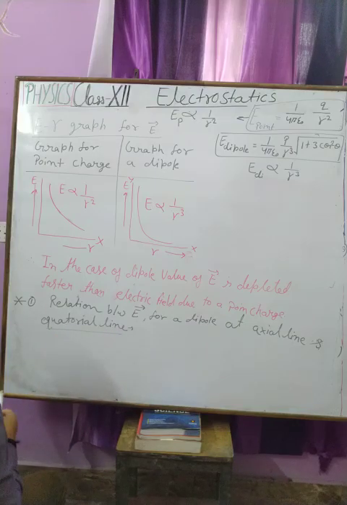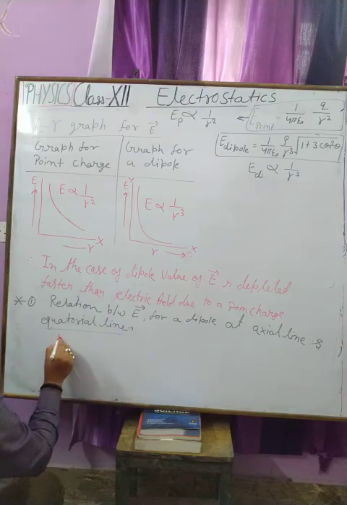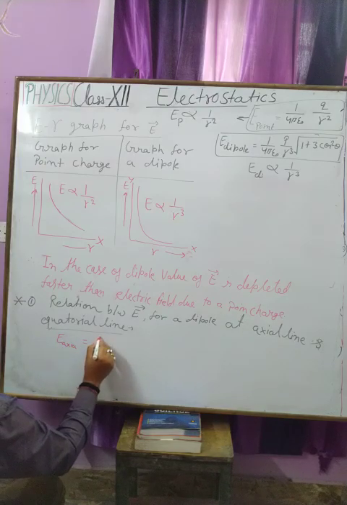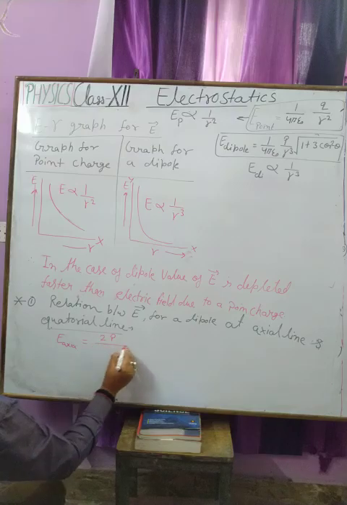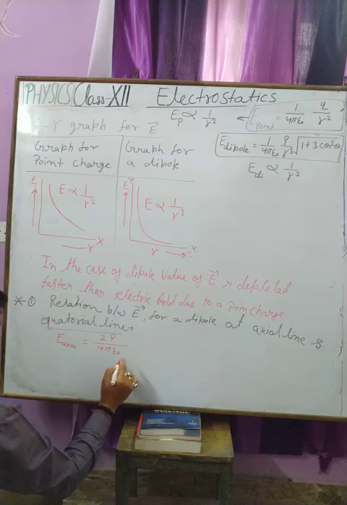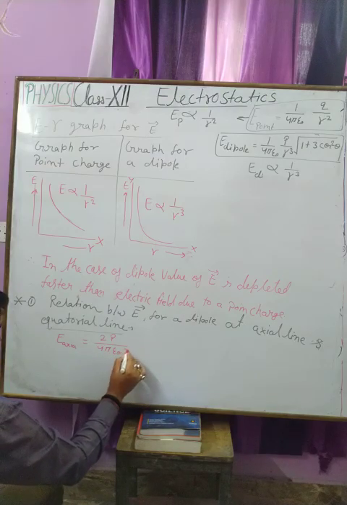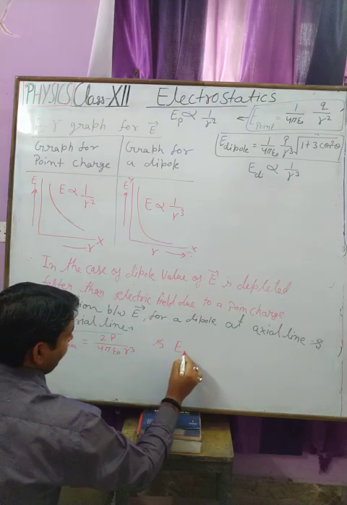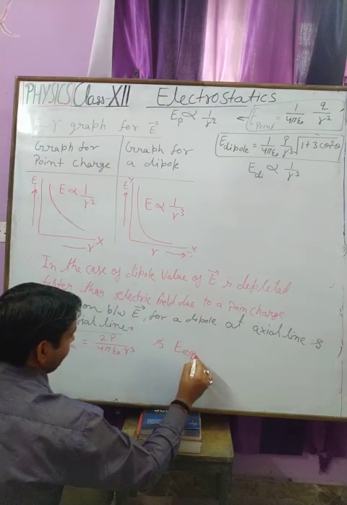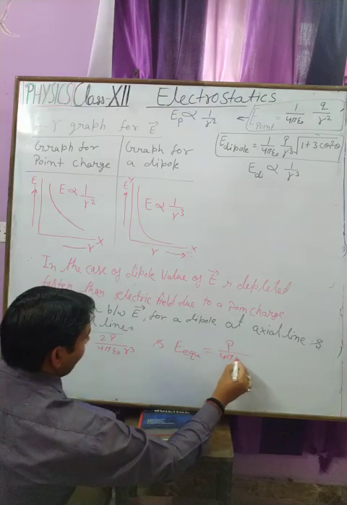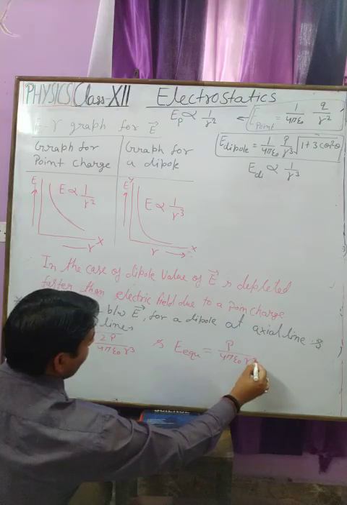We know that the value at axial is 2p upon 4 pi epsilon naught r cube, and the value at equatorial is p upon 4 pi epsilon naught r cube.